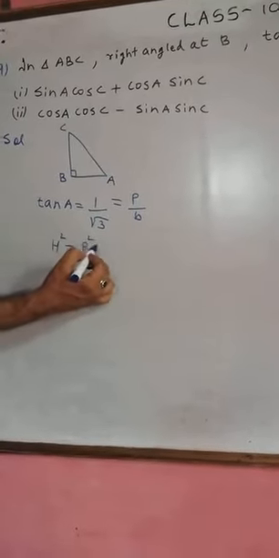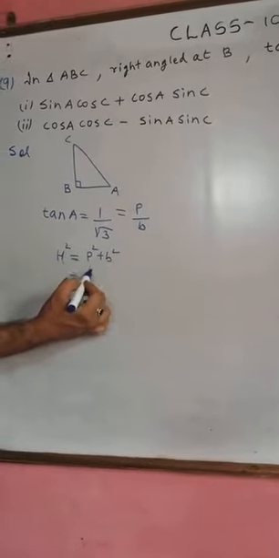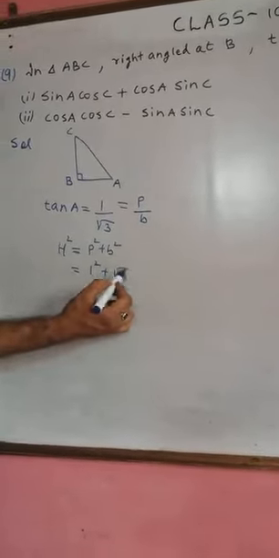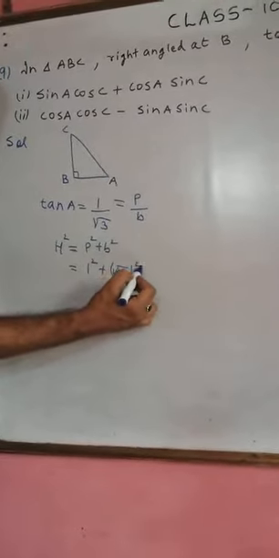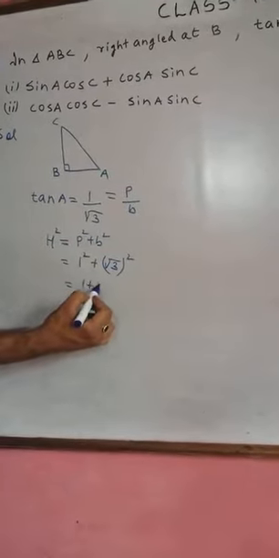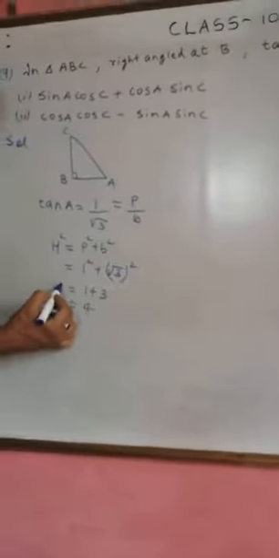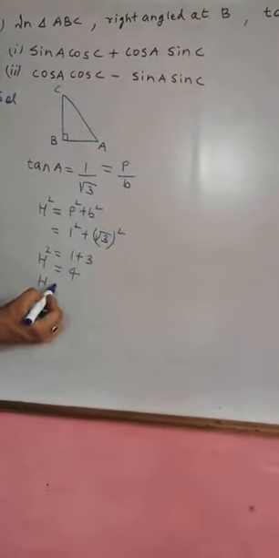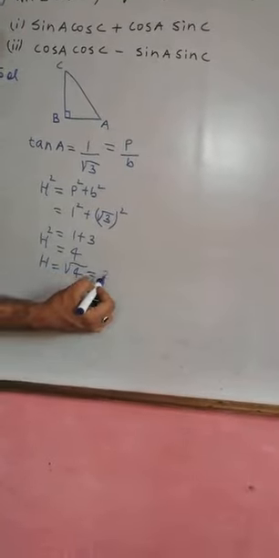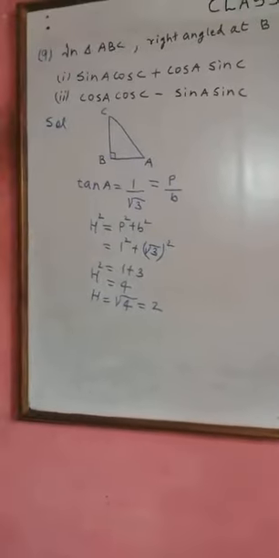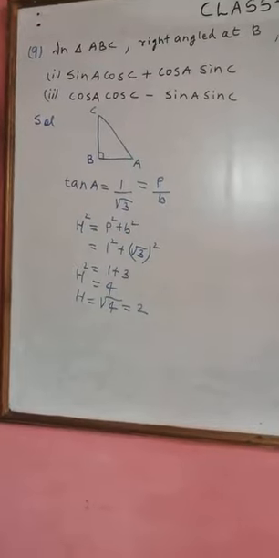Hypotenuse squared is perpendicular squared plus base squared, so 1 squared plus root 3 whole squared gives x squared equals 4, x equals 2. So we got the hypotenuse, and now we have the perpendicular and base also.